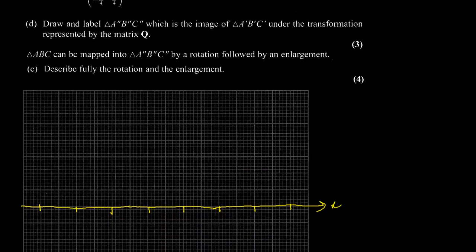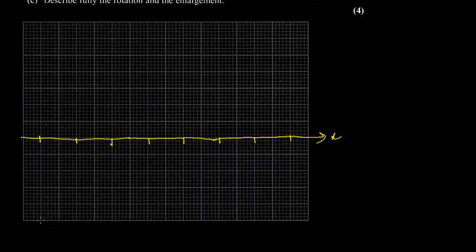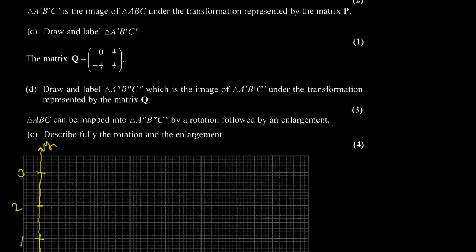So if we draw it here, this is the y-axis. So if this is 0, this is -1, and this is -2. This is 1, this is 2, and this is 3. So this is 1, 2, 3, 4, 5, 6, 7. So that's the graph.